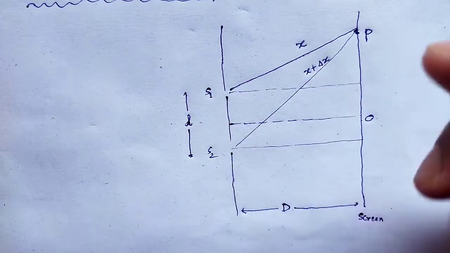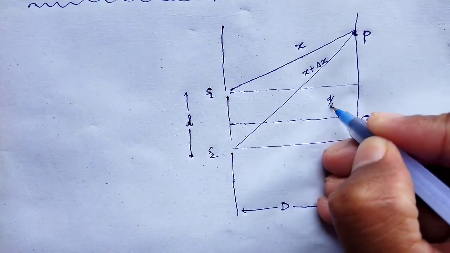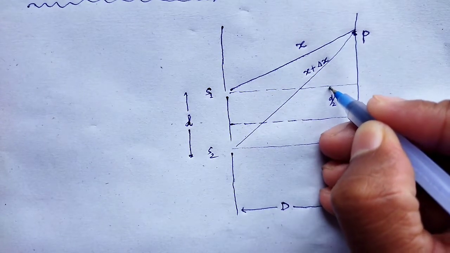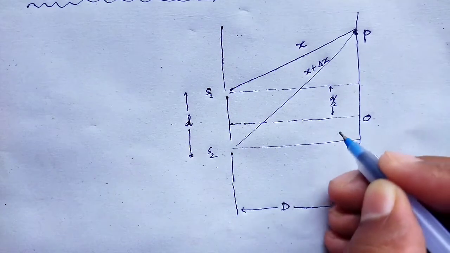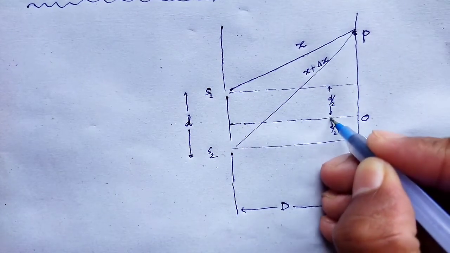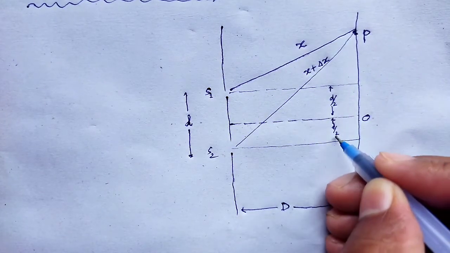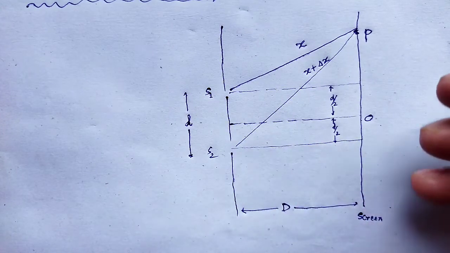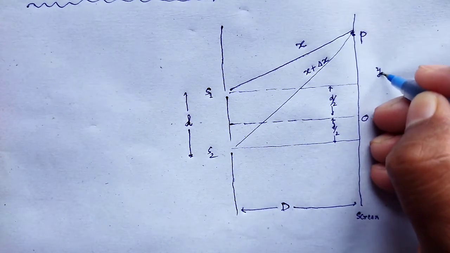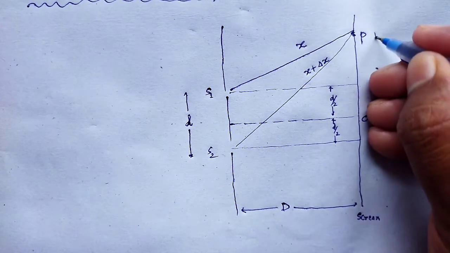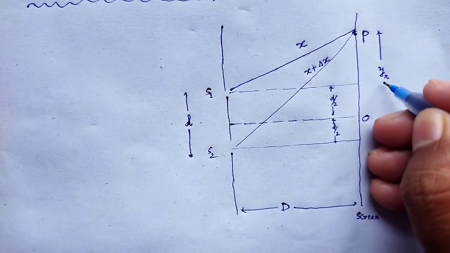Here the distance d by 2, d by 2, and the total distance is d. And let me take that point P is at a distance of yn from the center O.